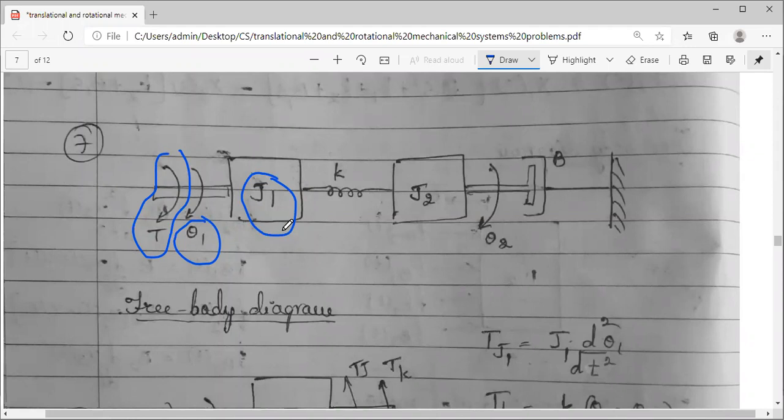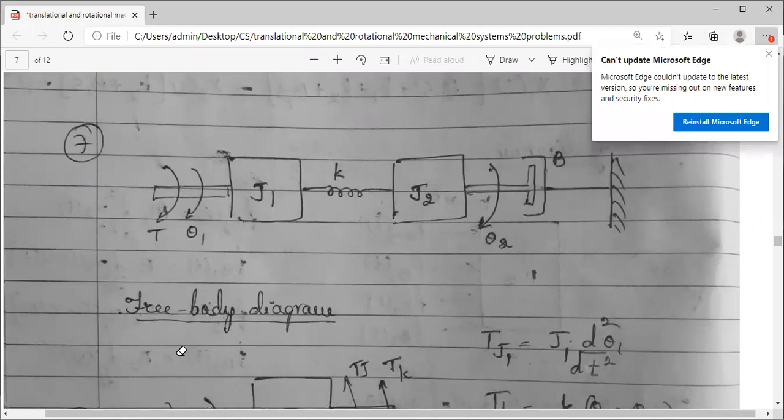So you have to first check which system it is, which system the problem is related to. You can see here, observe, there is an angular displacement, torque. So obviously this problem is related to the rotational mechanical system. So again the procedure remains the same. We go for the free body diagram, then write the force equation. Here it will be the torque equation. After writing the equation, apply the Laplace transforms.